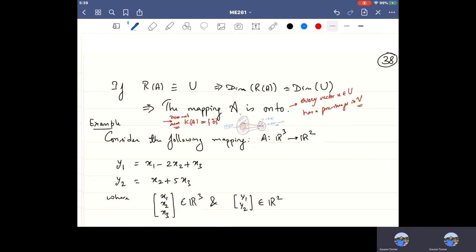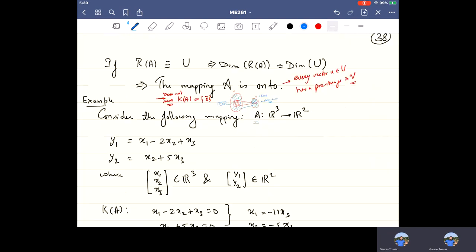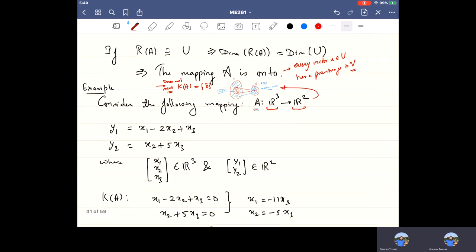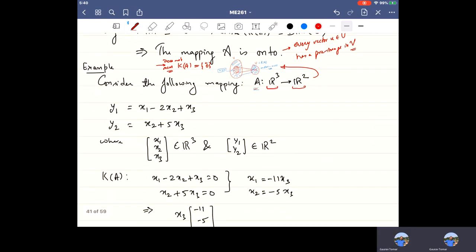Now let's take an example. So consider the mapping A from R cube, a 3D space, to a 2D space, which is an example of what I just said, that vector space U is of smaller dimension than vector space V. So the mapping is given by these two equations.